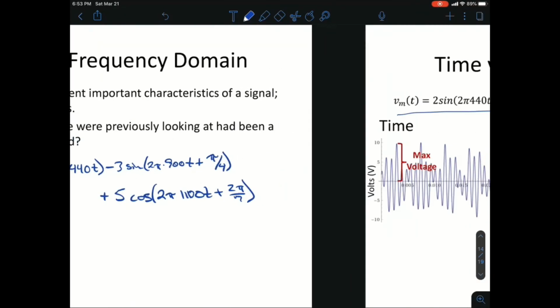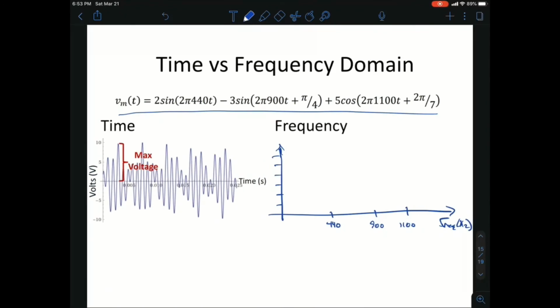So the absolute value of that magnitude. And then we just say, okay, this is 1, 2, 3, 4, 5, and we can plot all those signals: 2, and this is 3, and 5.